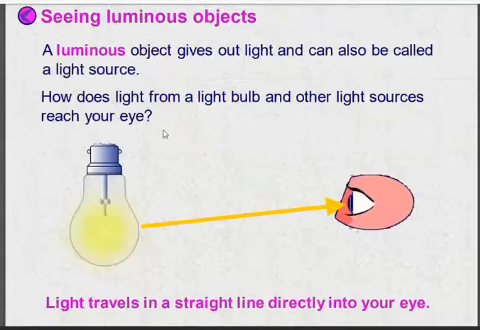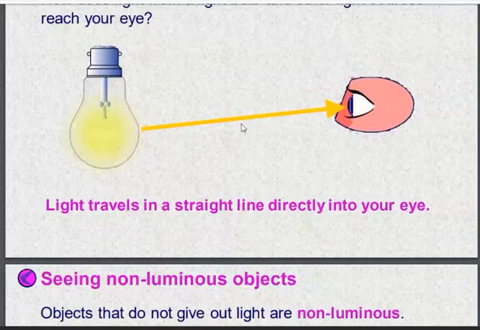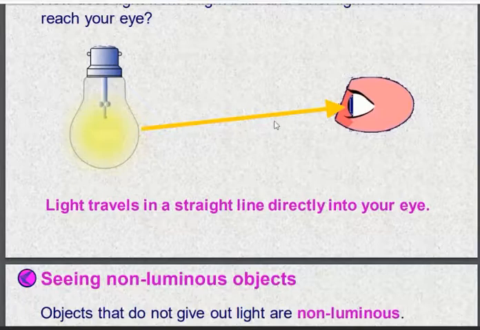So how does light from a light bulb and other light sources reach our eyes? This happens because when light comes out of the bulb, it travels in space in a straight line and is called a beam of light.